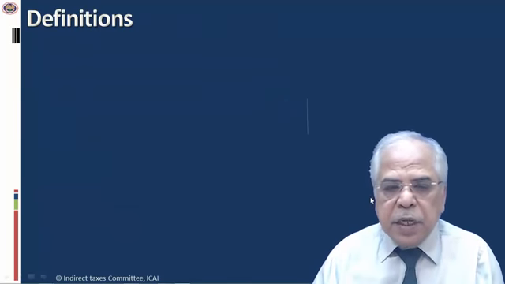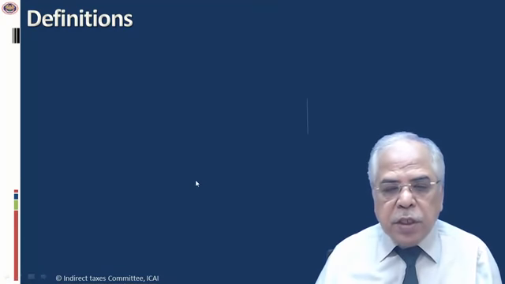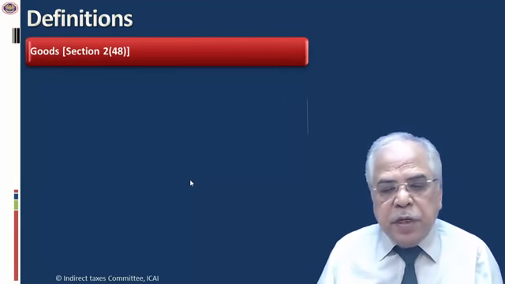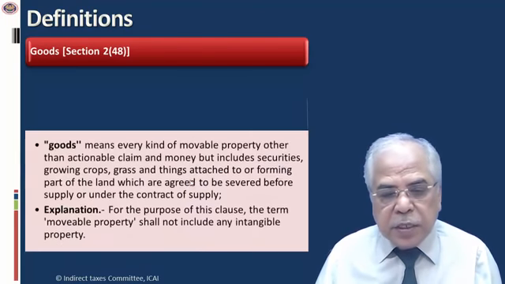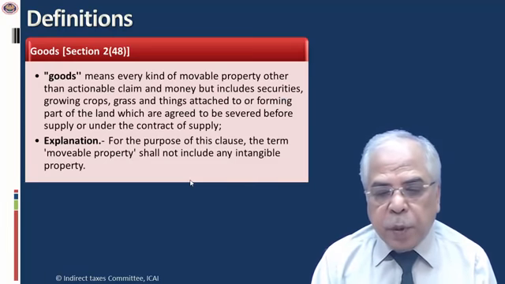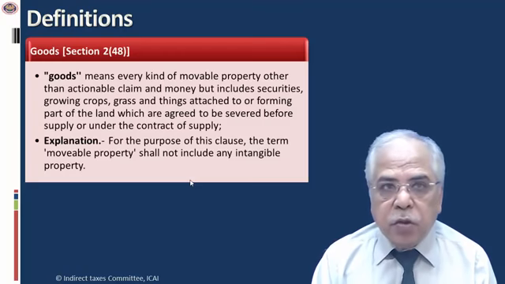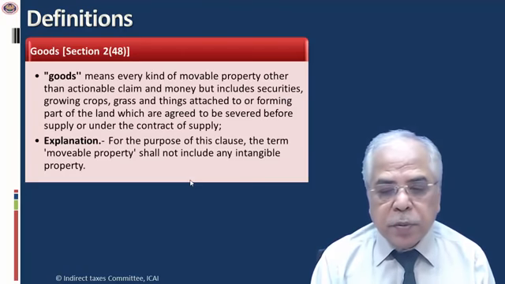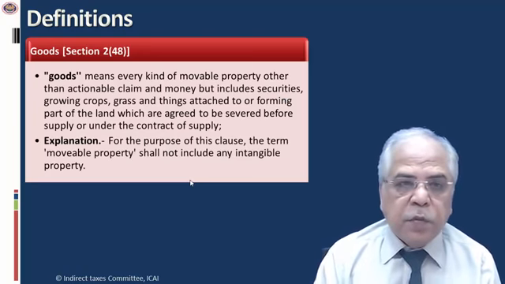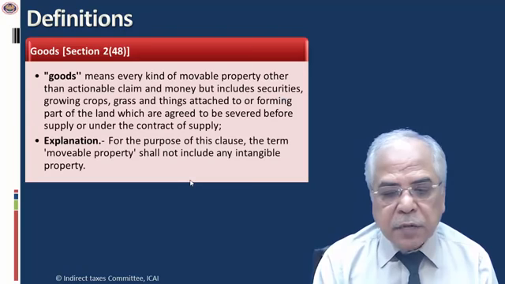After understanding the meaning of supply, now we will go to the important definitions used in this taxable clause. First, goods, which has been defined in subclause 48 of section 2. Goods means every kind of movable property other than actionable claim and money, but includes securities, growing crops, grass and things attached to or forming part of the land which are agreed to be severed before supply or under the contract of supply.